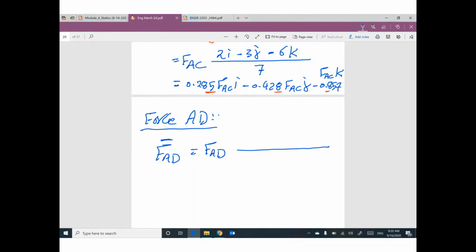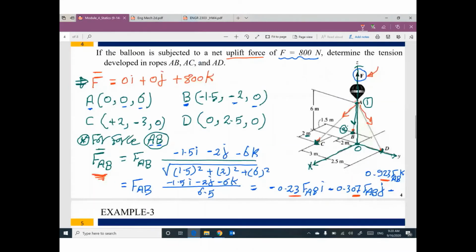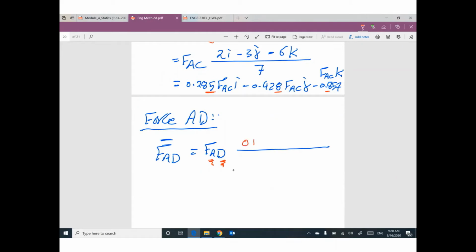So coordinates of point D minus coordinates of point A. 0 minus 0 is 0. 2.5 minus 0, 2.5. 0 minus 6, minus 6. So we have 0i, positive 2.5j, negative 6k.